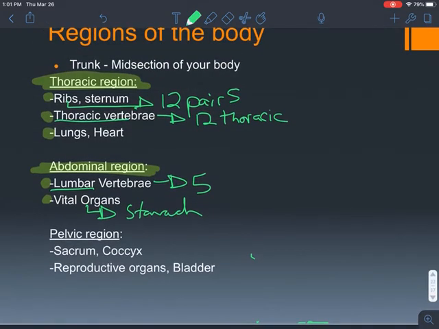So cervical, thoracic, abdominal, and then you have your pelvic region, which consists of your sacrum and coccyx, which are part of your spinal column. And then you have your reproductive organs and your bladder.